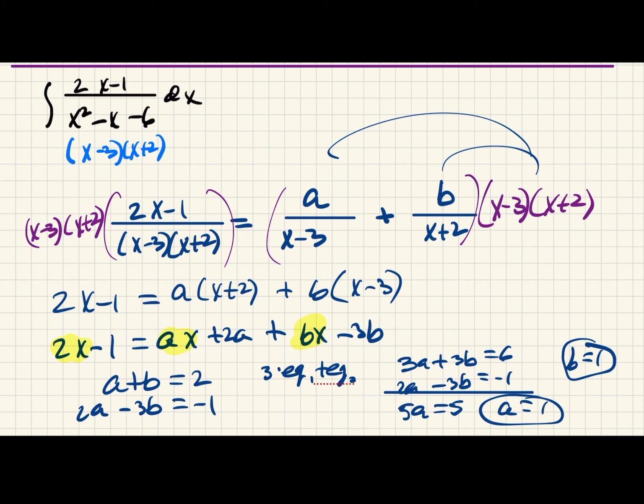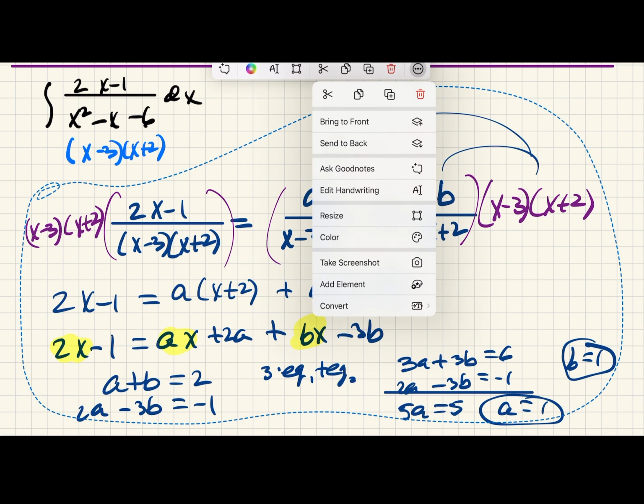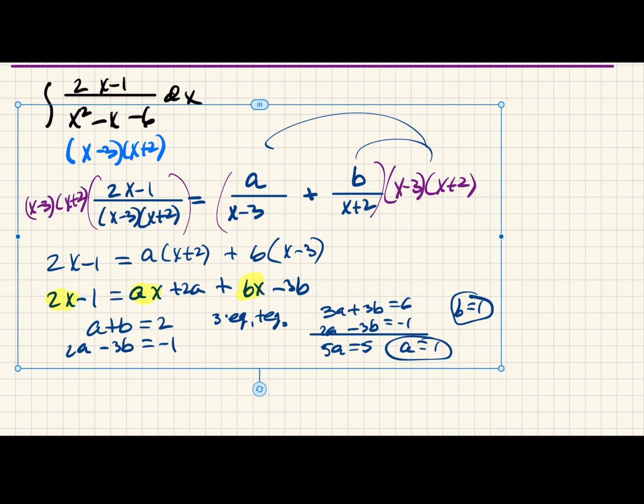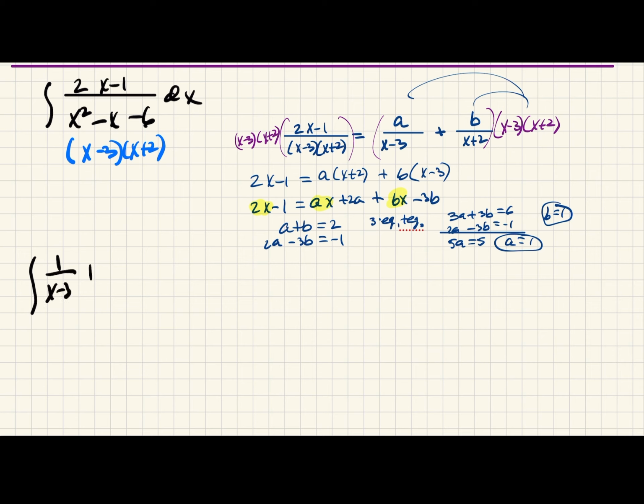Okay, so now, let's rewrite this integral. All right, so I'm going to have the integral of, now, a was 1, so that's 1 over x minus 3.